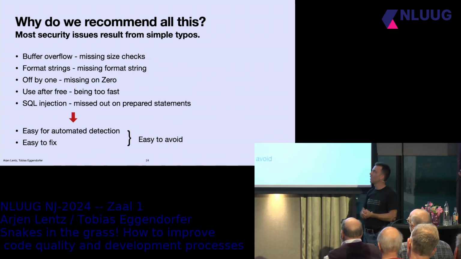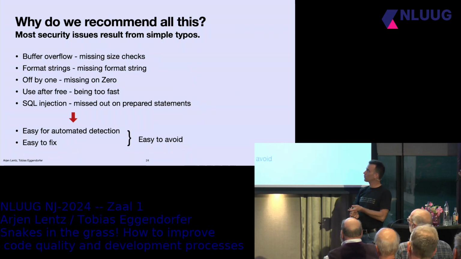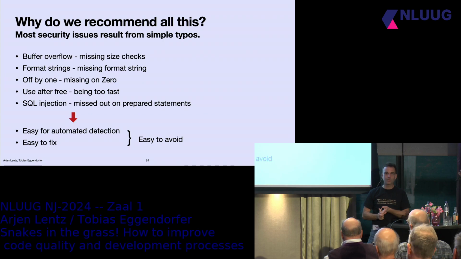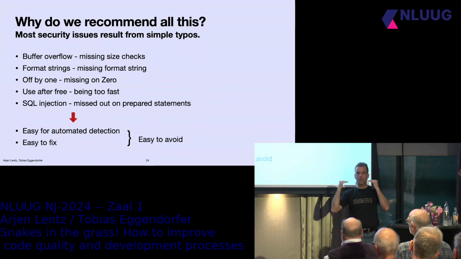Off by one. We've already mentioned that in the Python thing. Use after free. Yeah, well, that happens. Well, it's going to be found by Valgrind, for example, if not already by CPPcheck or Splint. I like the SQL injections because it's a simple thing that someone who reviews your code will find. And we still find SQL injections being prevalent in web applications.